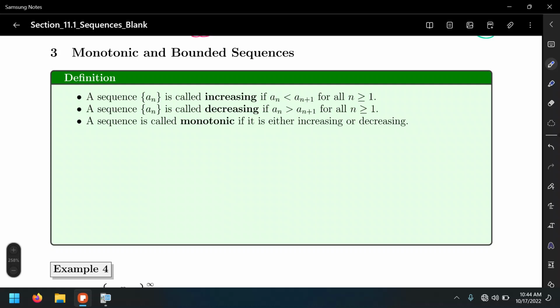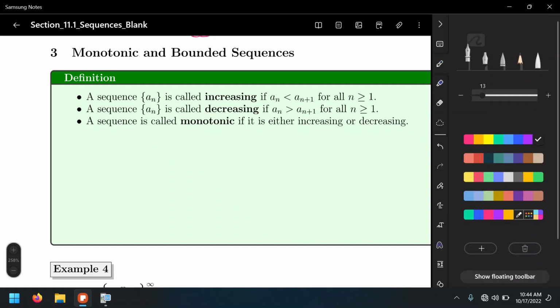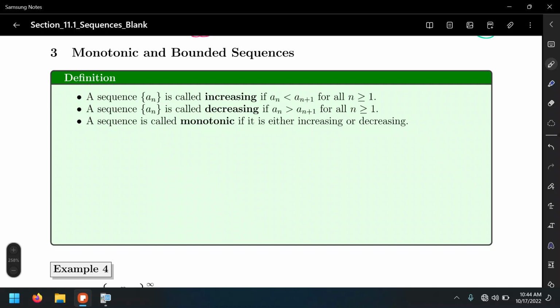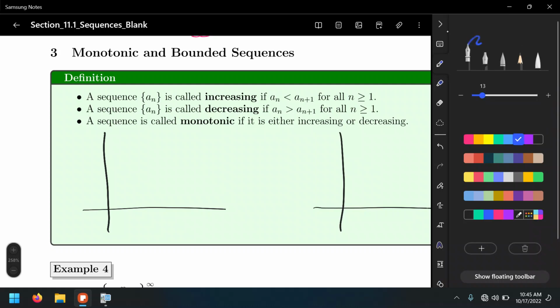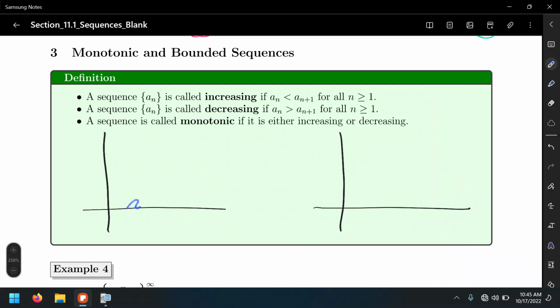But in the meantime, what's the picture for an increasing sequence? Let me do a couple of graphs. So let's relate this sequence to a function that also increases. For example, for n equals 1, that's 0, and then it just keeps increasing. All right.